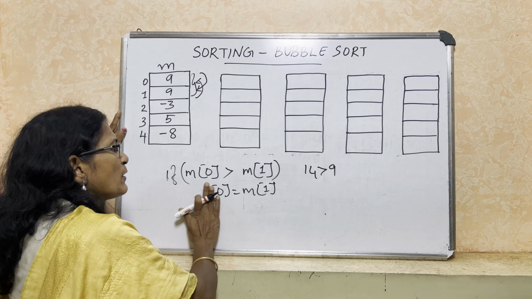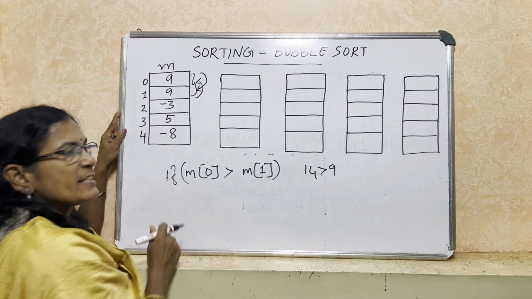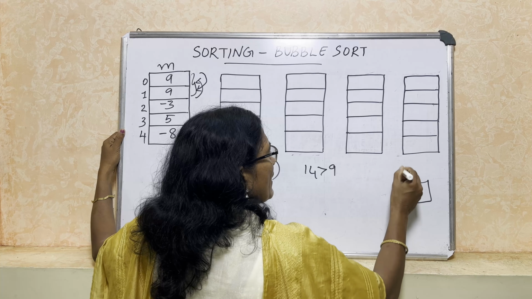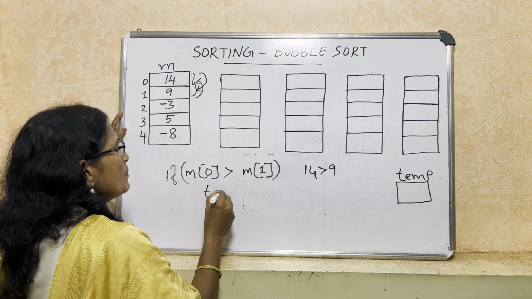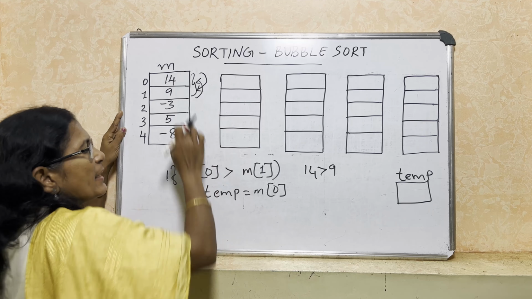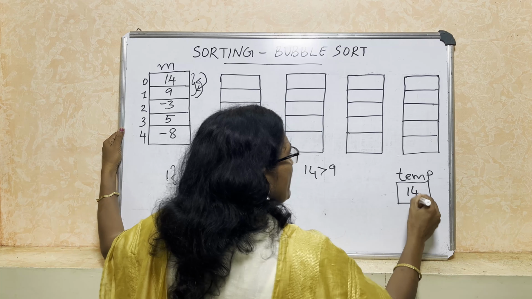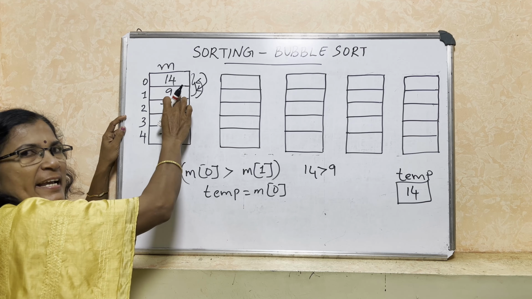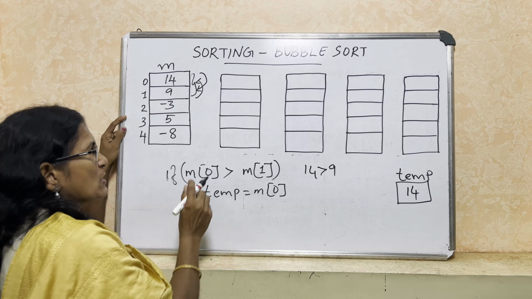So, before we go for this assignment statement, let us use a temporary storage location to store the first value of the array. Temp is equal to m of 0. First value of the array is placed in the temporary storage location. Now, you can assign the value of the second storage location to the first storage location.